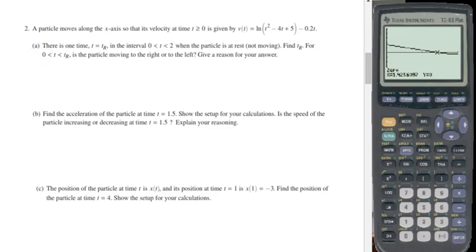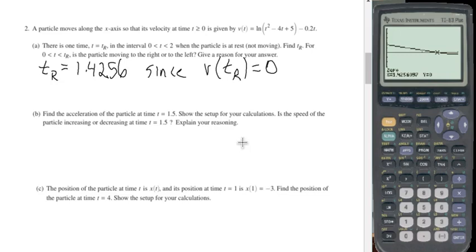So we would write, t of r equals 1.4256. Now you only need to go out 3 decimal places, but I like to go out a couple more. Since v of t of r equals 0.